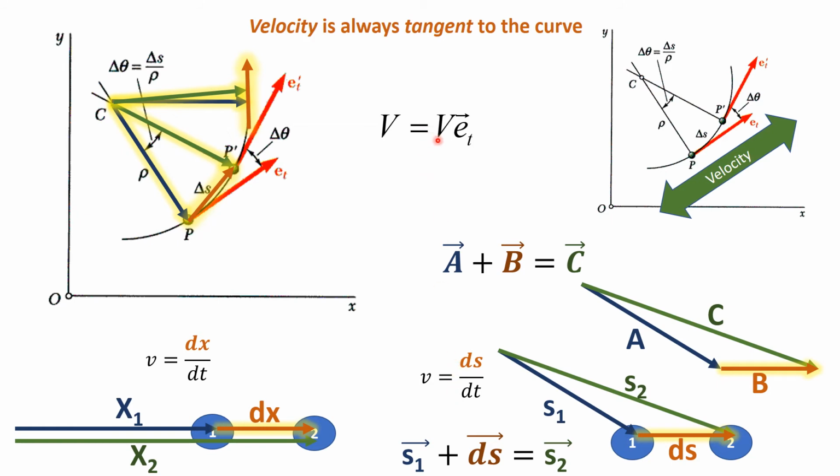Okay, so velocity, and it makes it very easy that we always know the direction of it. It's always tangent. So if you connect the center to where your object is, just draw something perpendicular to that. Perpendicular to it, tangent to it, that's where velocity is going to be going.